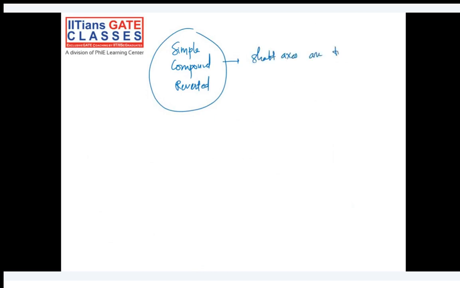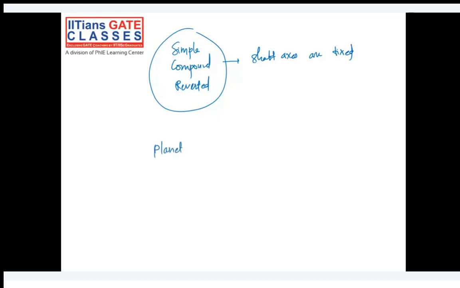The shaft axis is not moving. But if a shaft axis is moving, or if it is moving around the shaft axis of another gear, then you can call it a planetary gear.